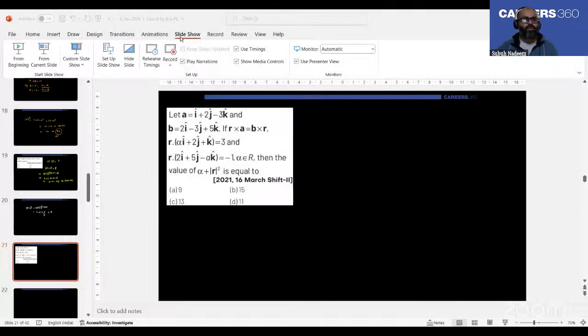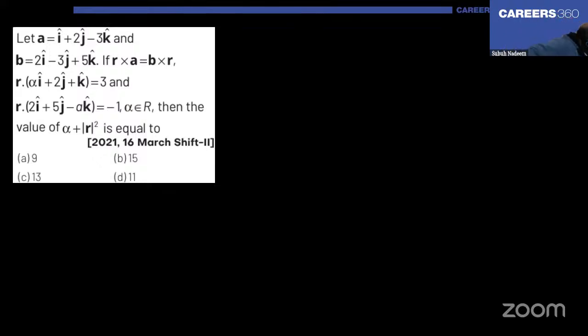So this is the next question. It says that A is equal to I cap plus 2j cap minus 3k cap, and B is equal to 2I cap minus 3j cap plus 5k cap. So these two vectors are given.